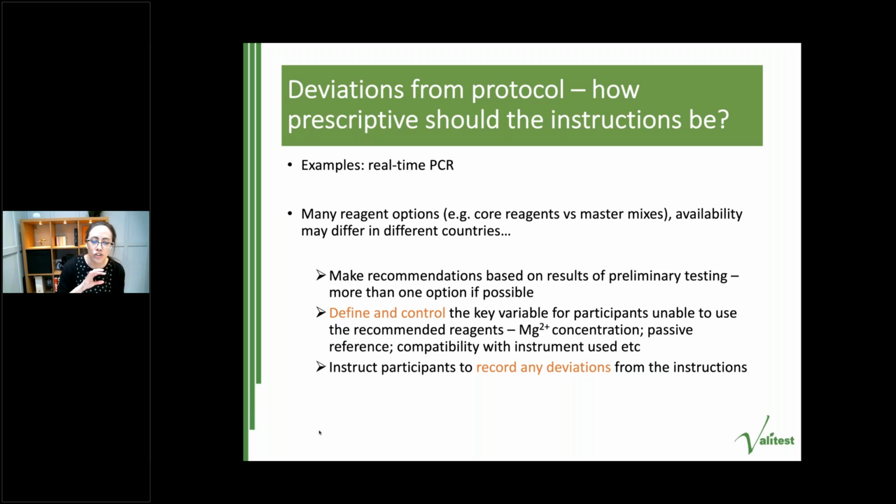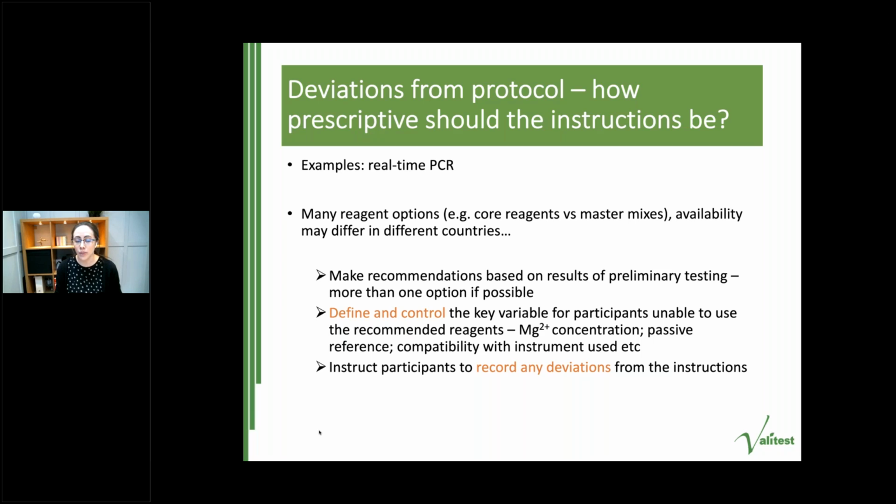You need to define what the most important variables are and control those. So for example, a key variable in real-time PCR is the magnesium concentration. So you want to say, we've tried it with X, Y, and Z polymerases, they all worked, but if you can't use one of those, make sure the magnesium concentration is the value that it needs to be.